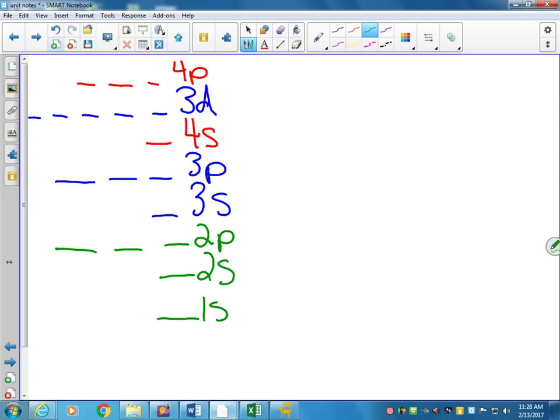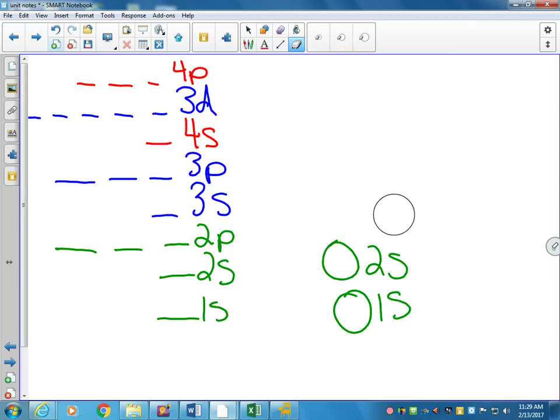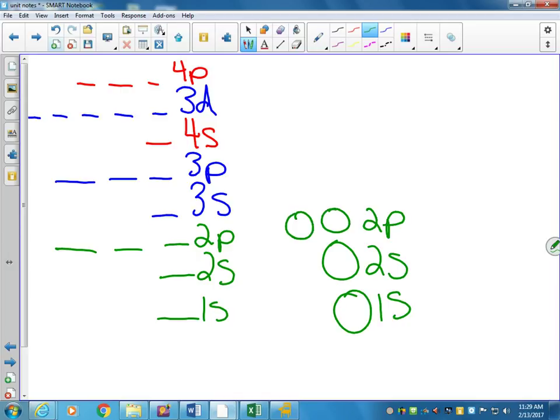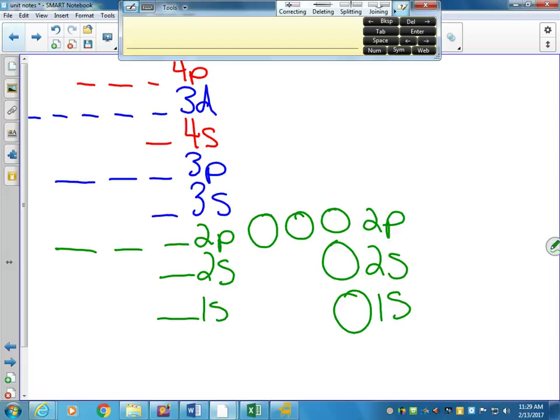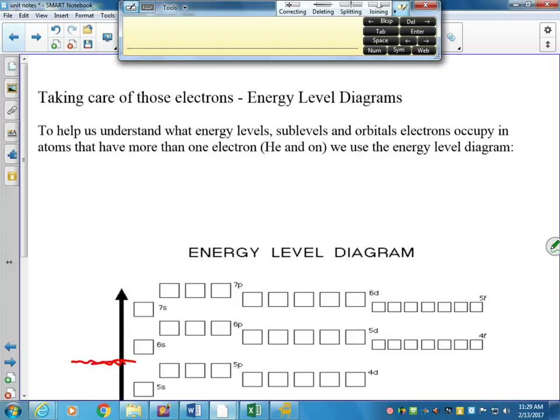Other people prefer drawing, oh, there I am drawing a line already, circles. 1s, 2s, 2p, follow the periodic table. So 3 circles. So it would look exactly the same except for instead of drawing squares or lines, they draw circles. What's the difference between this one that I represented and the one that was just prior here?